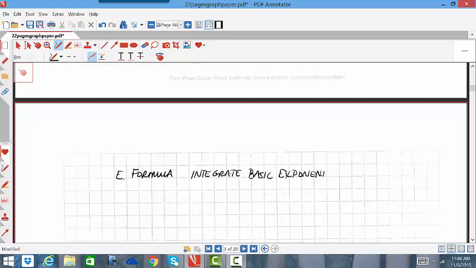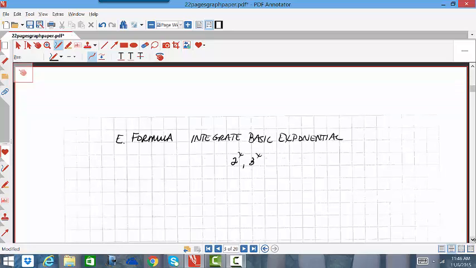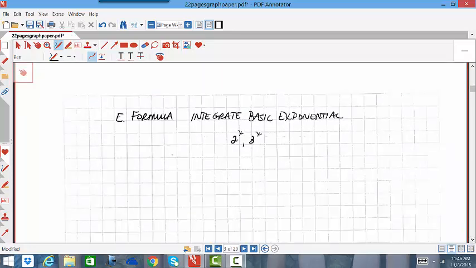Now remember, e to the x has its own formula, but these are all the rest of them, such as, how do I integrate 2 to the x? How do I integrate 3 to the x or 5 to the x? Alright, we're going to have a formula. So if I integrate a to the u, like 2 to the x, then it is a to the u over the natural log of a plus c.